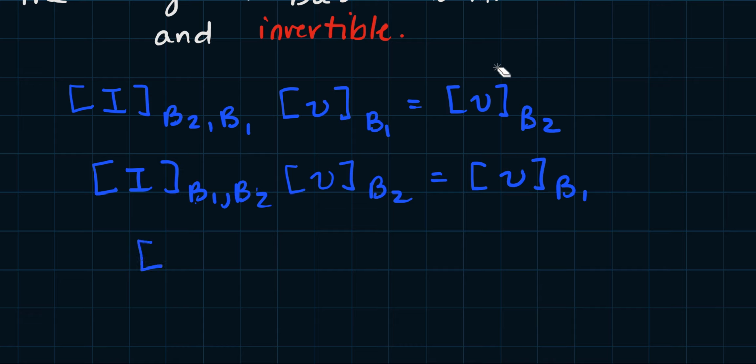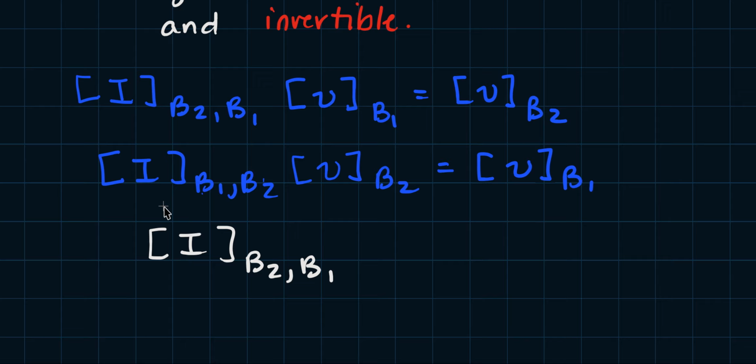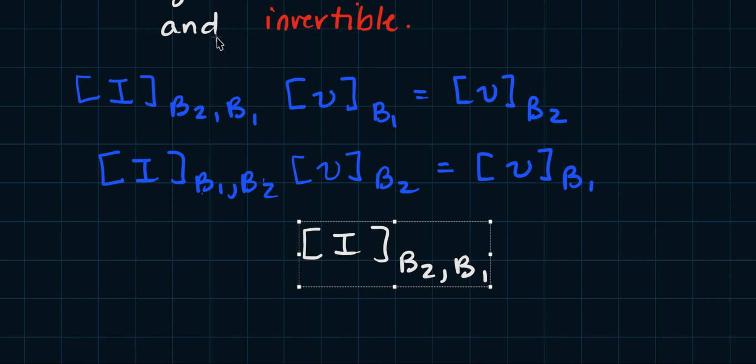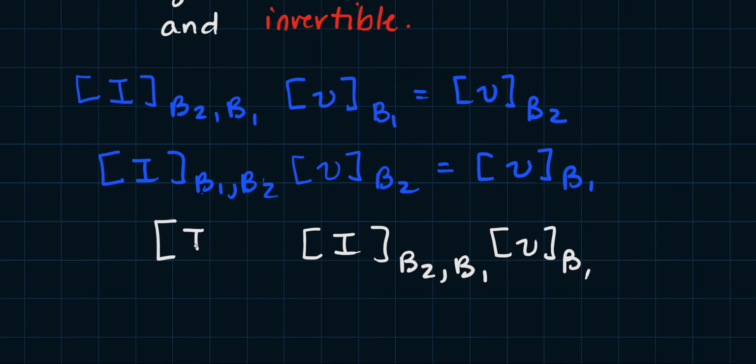So to get back to the original, what would I need to do? Well, I would multiply by this matrix here. So I, B2, comma, B1, and then I put, let's move this here, V, B1, and an I, B1, comma, B2.